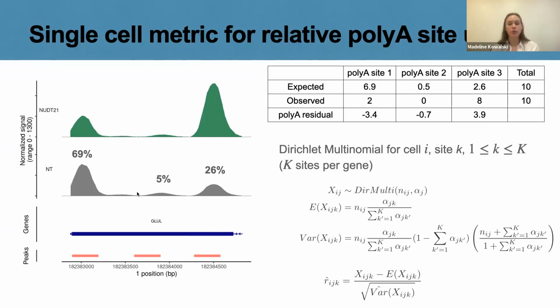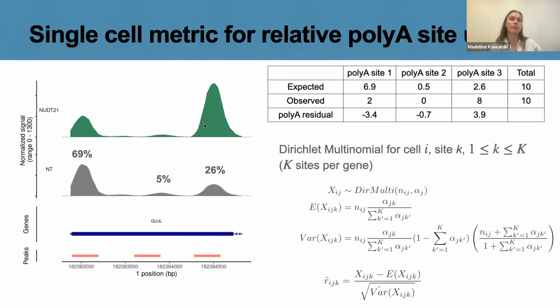We use the Dirichlet multinomial distribution to parameterize each gene using purely the non-targeting cells, and this allows us to obtain an expected value of the number of reads that will fall into each polyA site, conditioning on the total number of reads in that gene. For instance, if a cell had 10 reads at this gene, if this fell exactly according to the non-targeting distribution, we would expect counts like these.